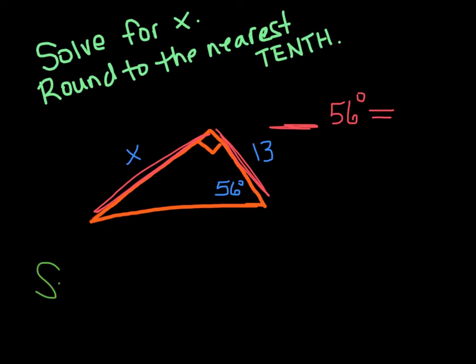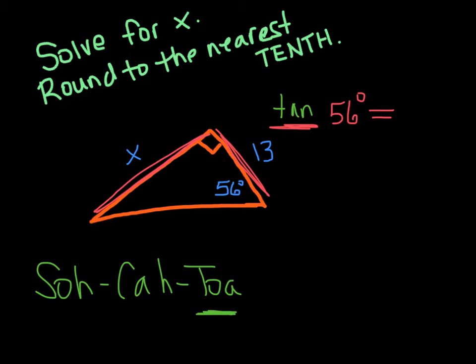If you think about our SOHCAHTOA, the only one that uses opposite and adjacent together is T for tangent. So tangent is the one we're going to use, and tangent has to be opposite over adjacent in that order. From the 56, x is opposite, so that goes up top, and 13 is adjacent, so that goes down below.